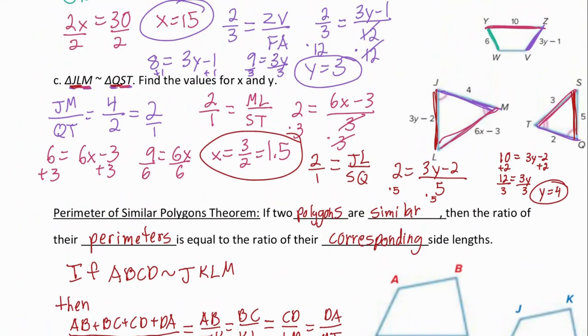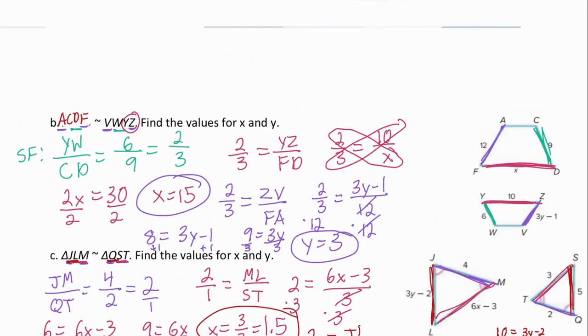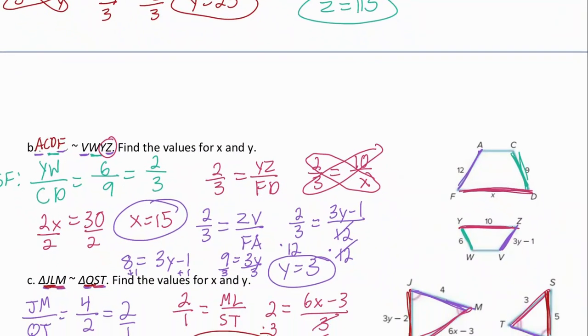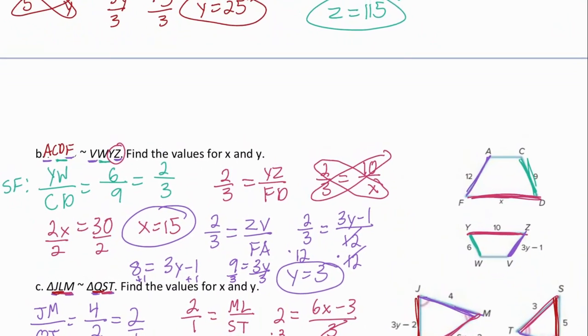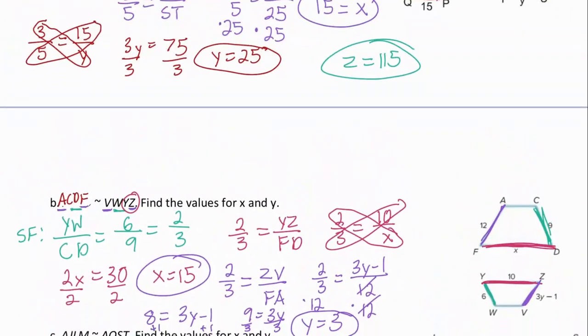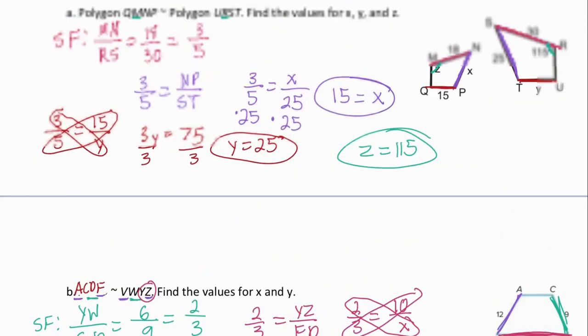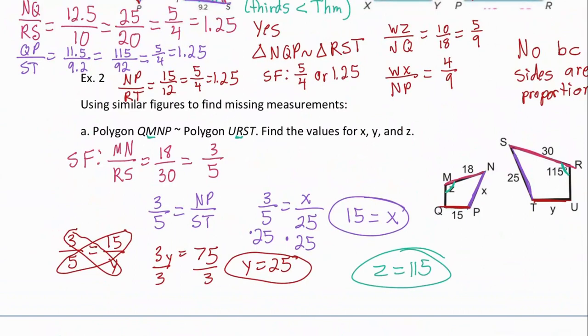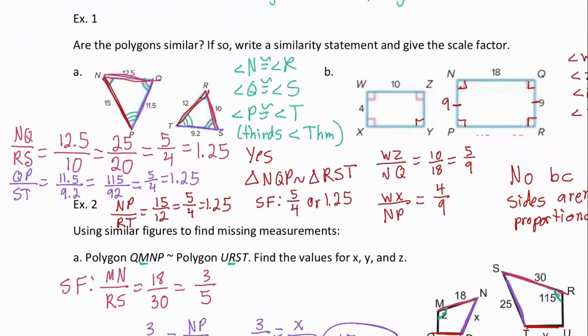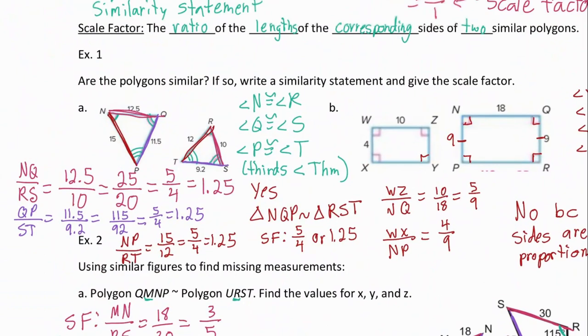Yeah, it was just asking to find the values of x and y. It didn't ask necessarily for the scale factor in the specific order. So here, if it did, we actually would have to, oh no, that is correct. Just kidding. Oh no, we would have to flip our scale factor on that one just to make sure that it's in the right order. So for future reference, please be careful of that. If it's asking you to find that scale factor individually, we want to make sure the right order is given.